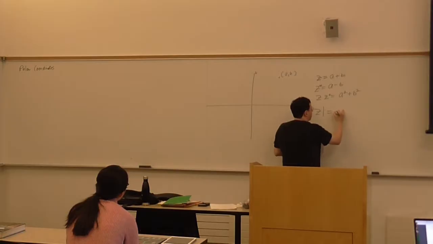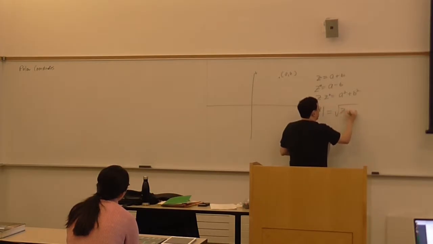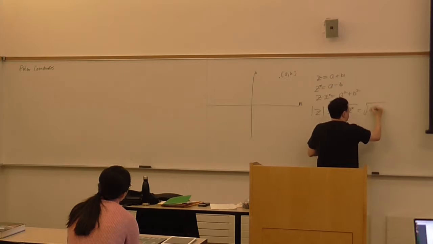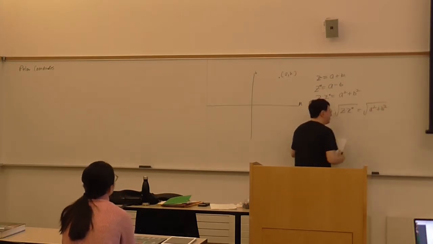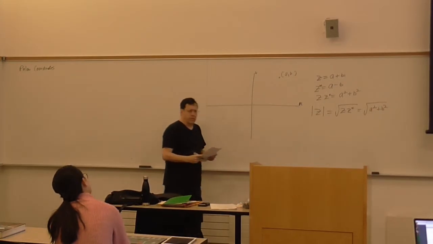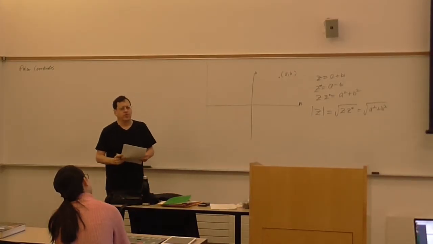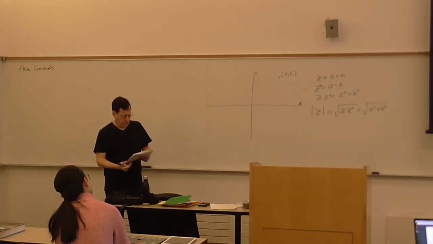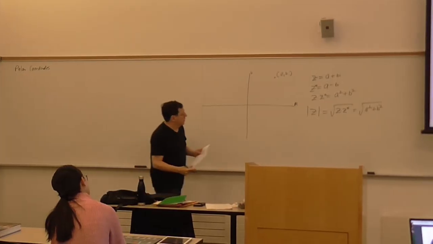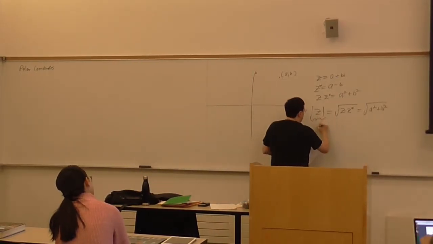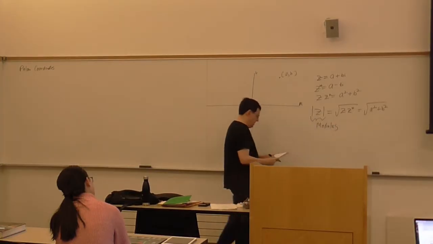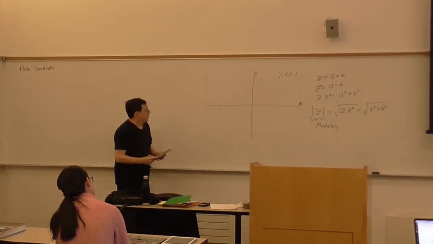We define that as the square root of z times z asterisk, or the square root of a squared plus b squared. If you've done complex numbers before, you might be familiar with these terms. And this is called the modulus.